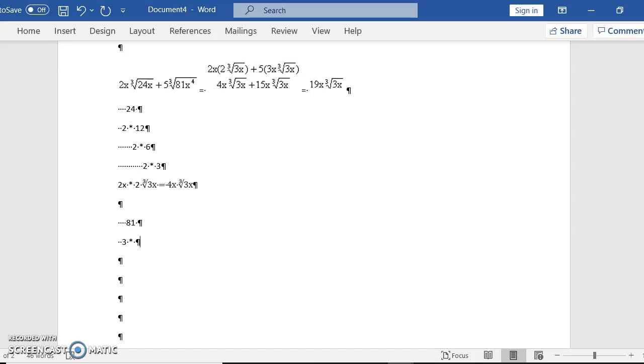Well, the cube root of 81 is not 9. Okay, let's just work this out. Sorry about that.